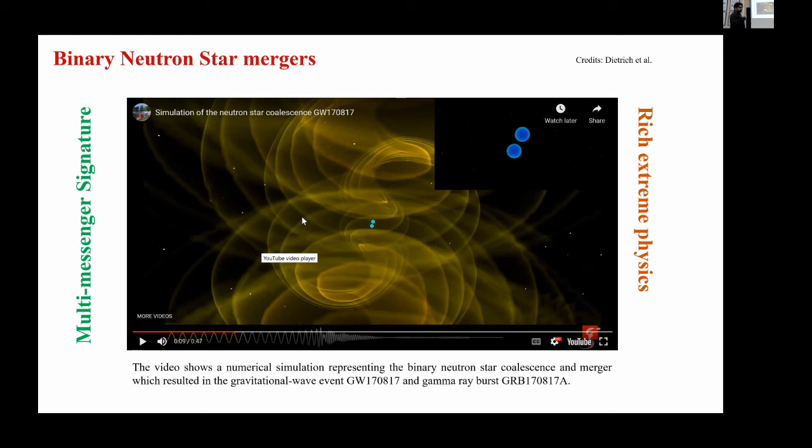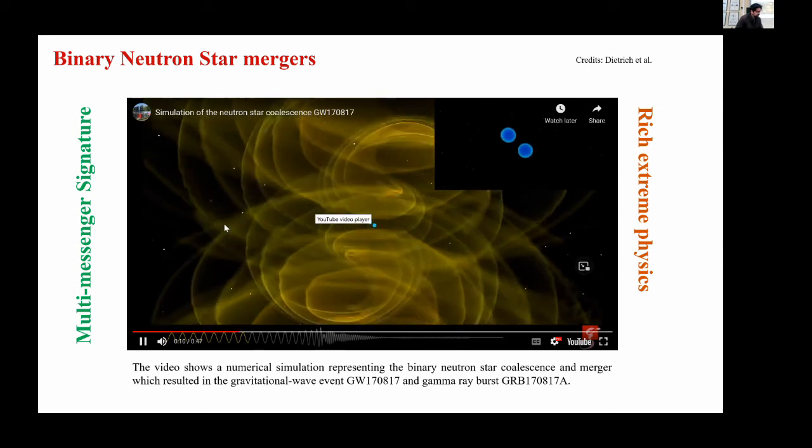And here in this movie, you see the gravitational wave from light yellow to red, increasing in strength. And then you also see the neutron star matter, which is shown here in light blue to dark blue. And here the density ranges from 200,000 to 600 million tons per cubic centimeter. So it's really dense, this event.